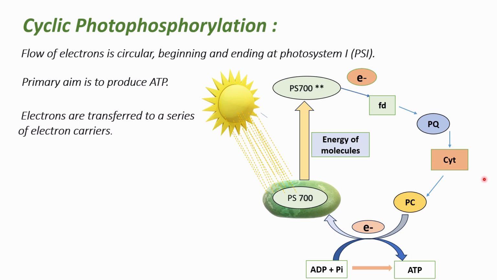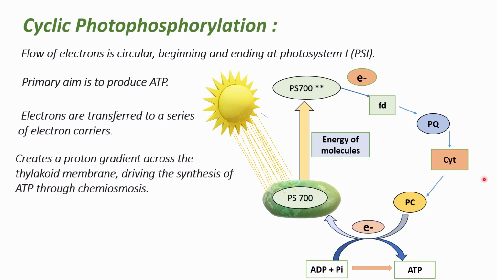These electrons are transferred through a series of electron carriers, as I already told you. It creates a proton gradient across the thylakoid membrane, driving the synthesis of ATP molecules.